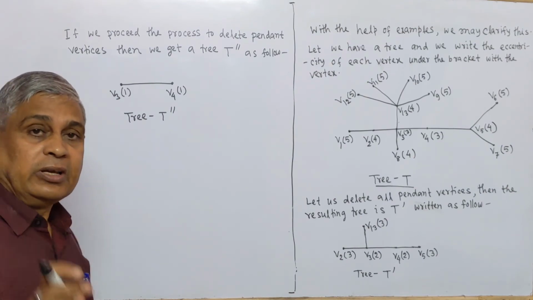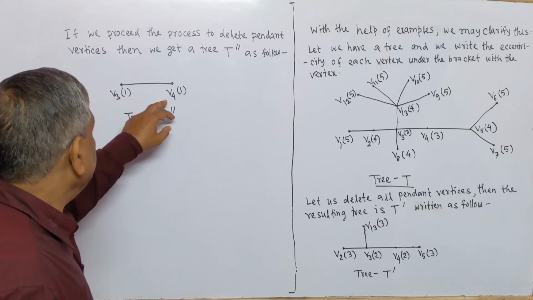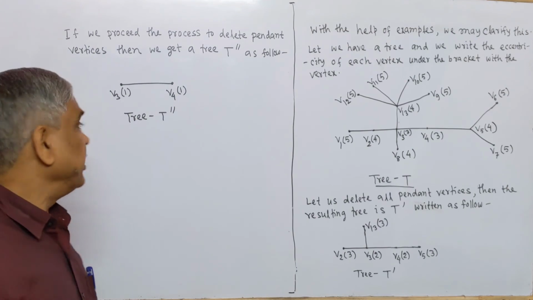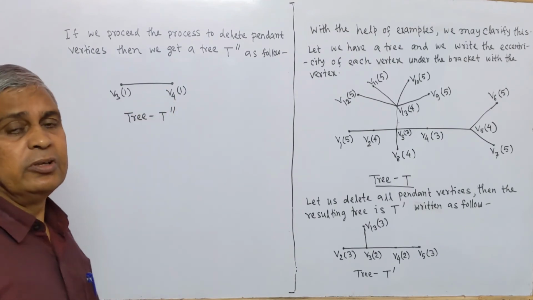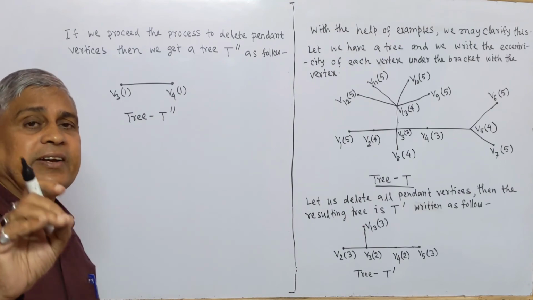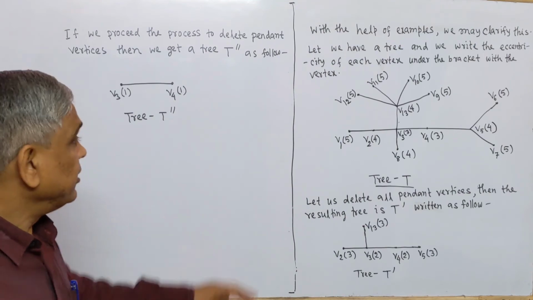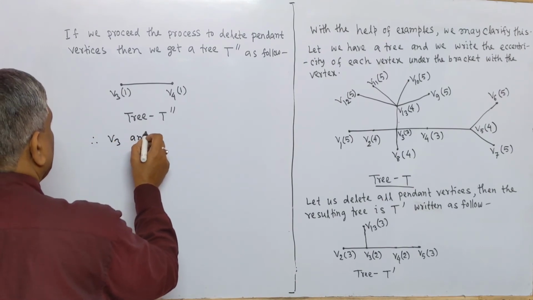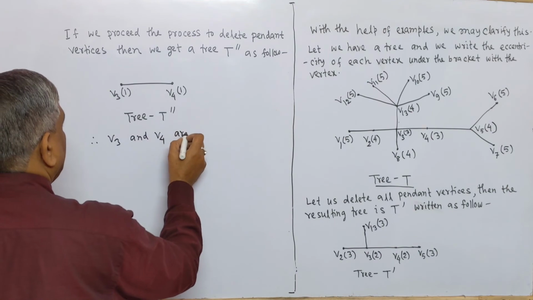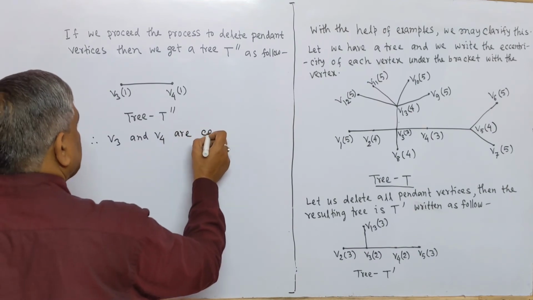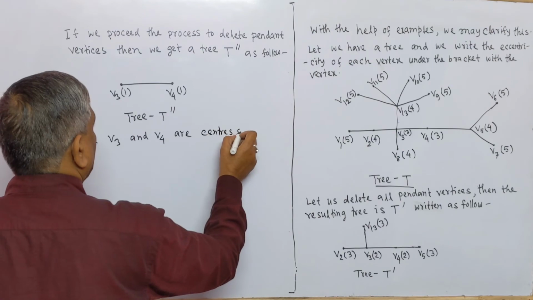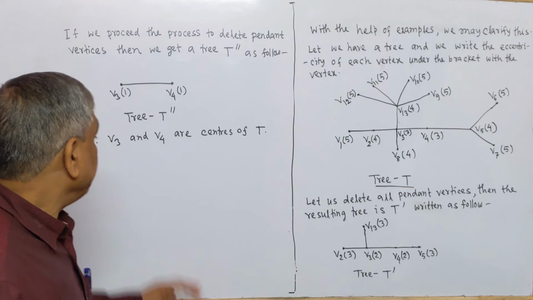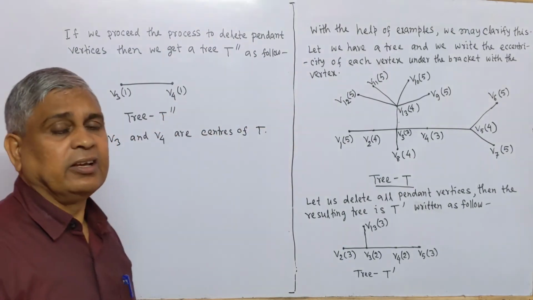And this is a minimum eccentricity, same eccentricity of V3 and V4. So these two are centers of the tree T. Therefore V3 and V4 are centers of tree T. Here we get two centers of the tree T.